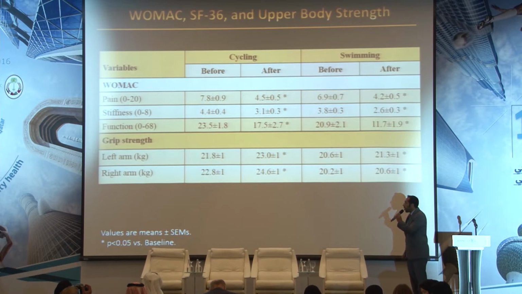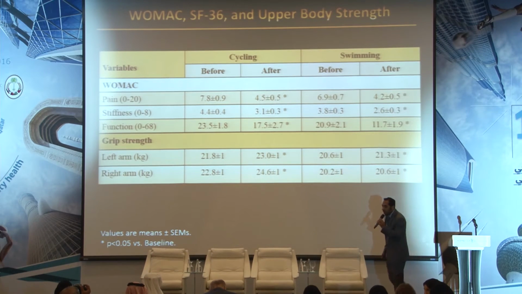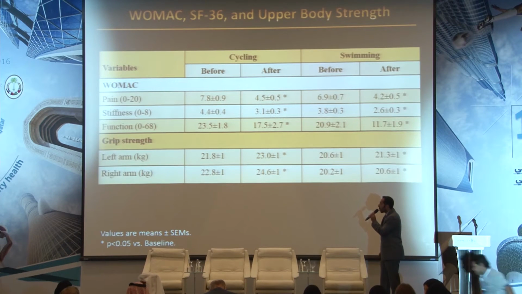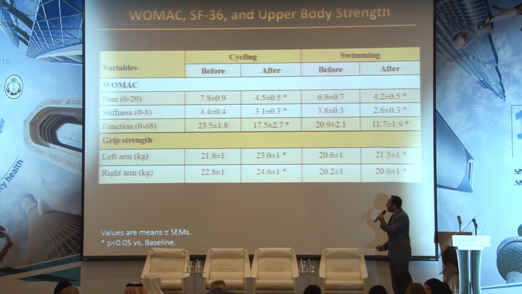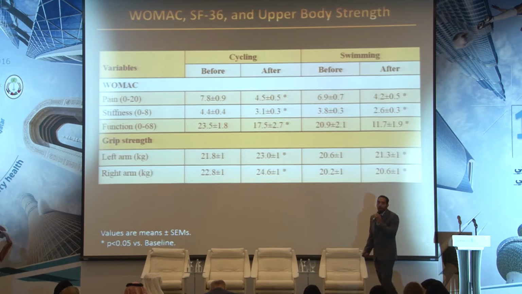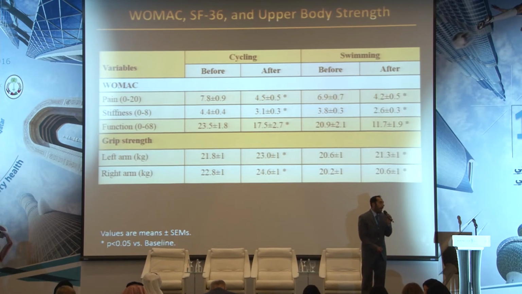For the questionnaire, both exercise modes, cycling and swimming, significantly reduced pain, reduced stiffness, and improved physical function. For the hand grip, both cycling as well as swimming improved their right and left hand strength.